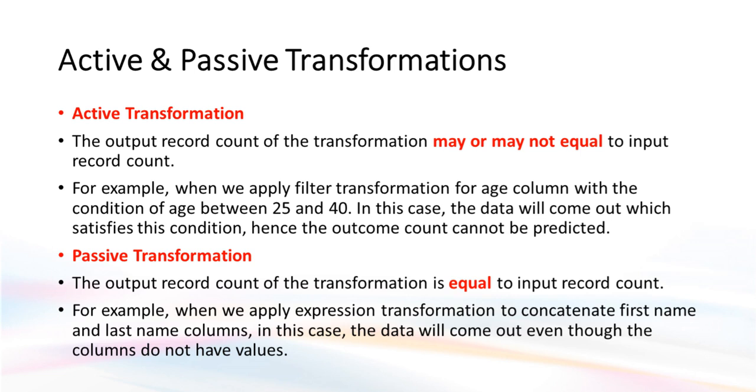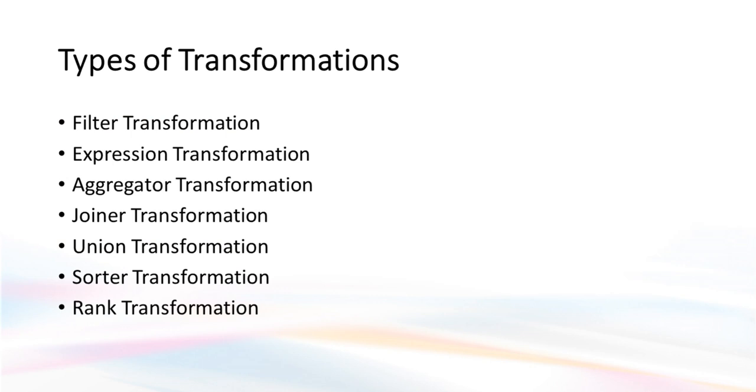These are the most important basic transformations we have: filter transformation, expression transformation, aggregator transformation, joiner transformation, union transformation, sorter transformation, and rank transformation. Few of them belong to active transformations and few come under passive transformations. So what is the difference between those two again?